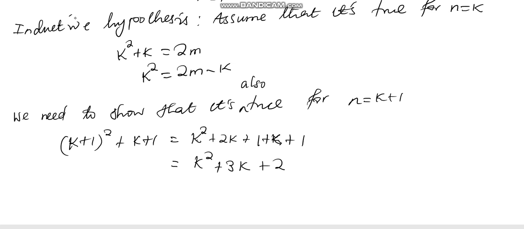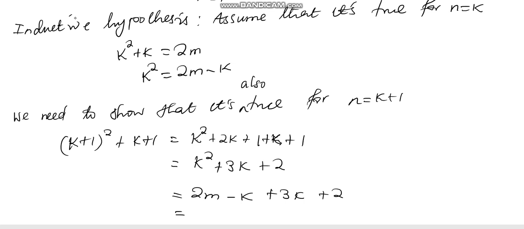Now remember I said that k squared is simply equal to 2m minus k on the inductive hypothesis. So we substitute with the same there. So we have 2m minus k plus 3k plus 2. So negative k plus 3k is simply going to get 2k.